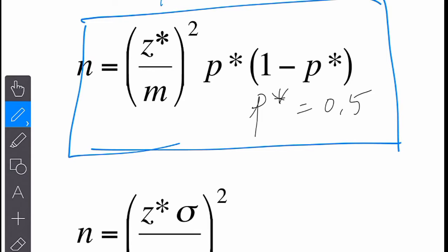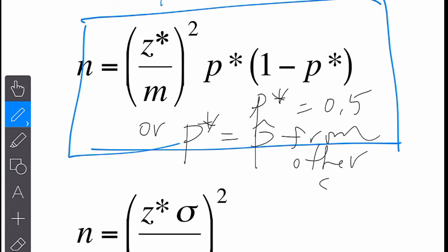So if you have that, we'll say p star equals p hat from other studies. You always hear that studies use information from other studies, so new information is updated based on what people have seen in the past and new information.